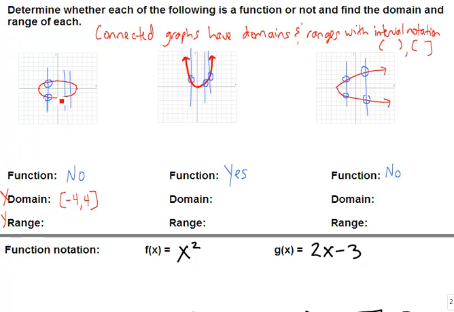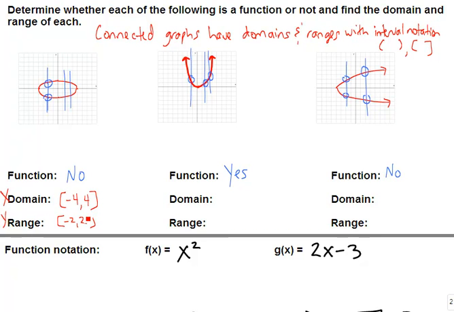The lowest point here has a y value of -2, and I go up to a y value of +2, and I hit all the y's in between, including all the decimals and fractions. So my range should be -2 up to +2, using brackets again because I hit those points. And remember, when you use interval notation, it's always the smaller number on the left and the larger number on the right.